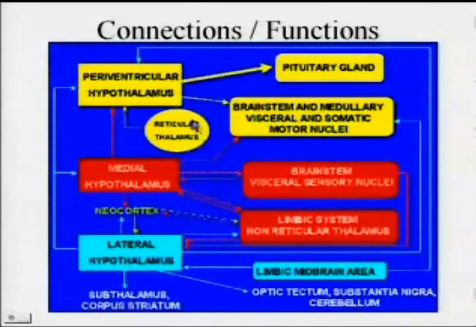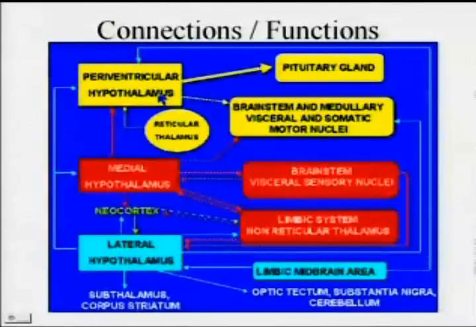The reticular thalamus is a very important sensory structure, and it provides some sensory information to the periventricular hypothalamus. Remember, this is where most of our neuroendocrine neurons are located within the hypothalamus. So obviously the output to the pituitary gland is restricted to this periventricular hypothalamus.